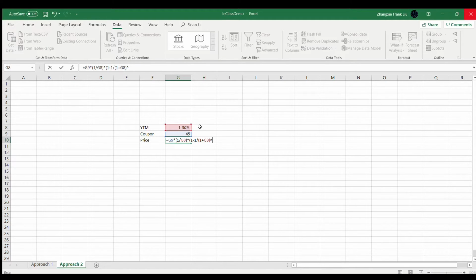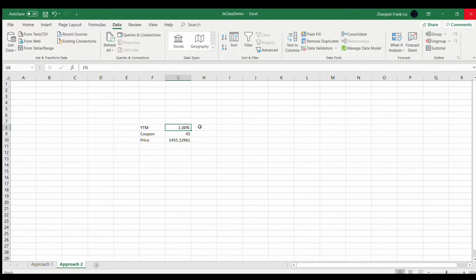Because 7 years to maturity means 14 six-month periods, plus face value divided by 1 plus interest rate power to 14 again. So it's 1455. And our goal here is that given the price is 1080.55, we want to find out a yield to maturity to be equal to that.